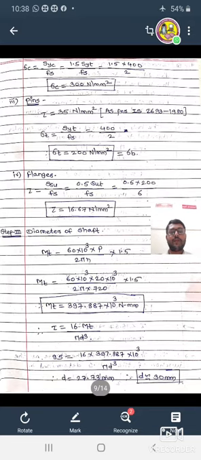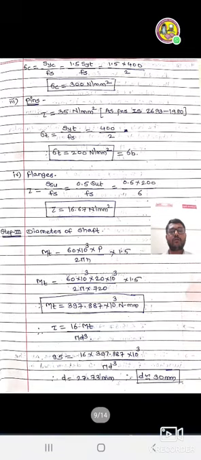Step 3, diameter of shaft. How to find the diameter of the shaft? We know that torque T equal to Mt equal to 60 into 10 raised to 3 into P upon 2 pi N into 1.5. So calculate the equation for Mt. Finally we get Mt as 397.887 into 10 raised to 3 Newton mm.